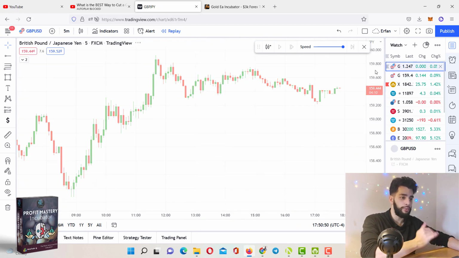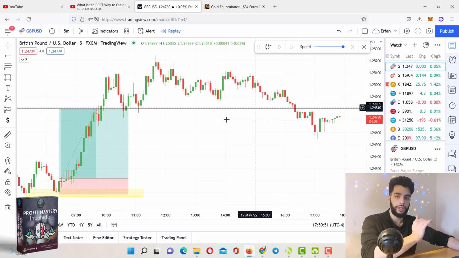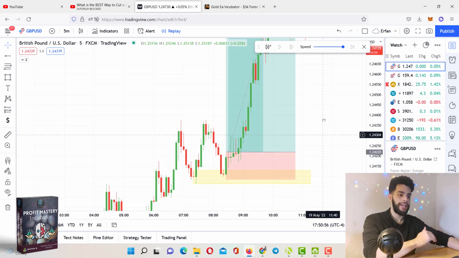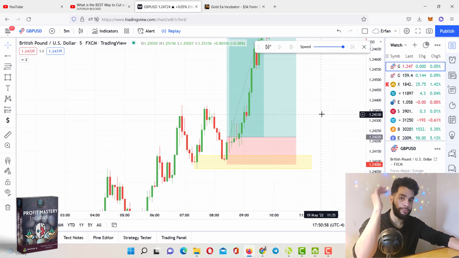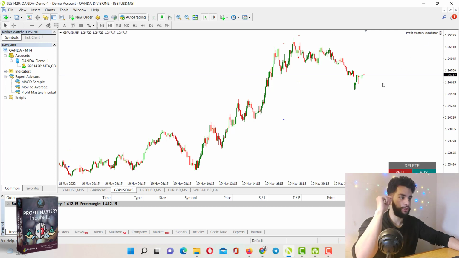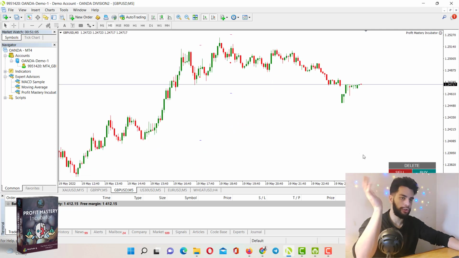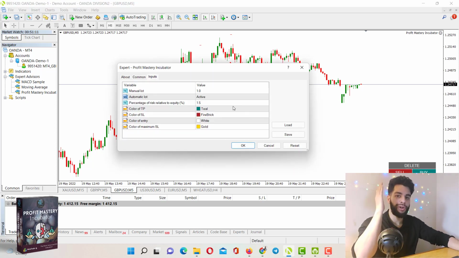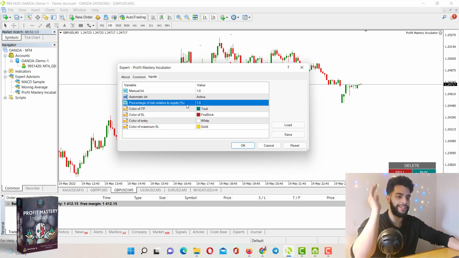And by the way, if you want to improve your risk to reward ratio calculation and you want to know exactly how much you need to risk, I highly recommend you to use this tool, Profit Master Incubator. I'm using it on my demo account and also on my FDM account. What it does is that you literally tell this program how much you are willing to risk, which in this case, the percentage of risk relative to equity is 1.5%.